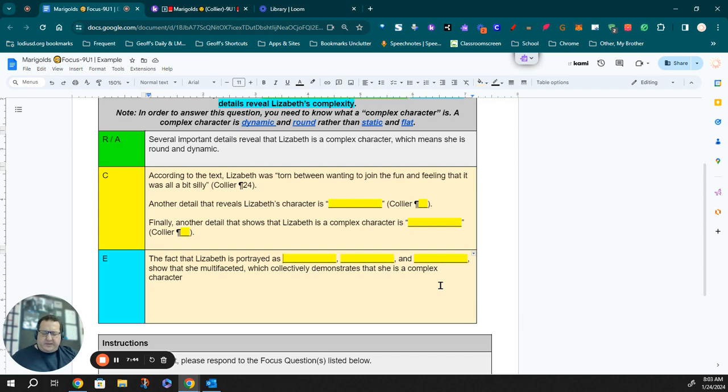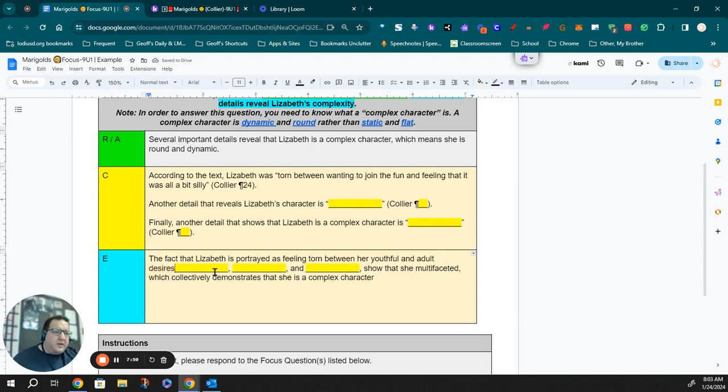Portrayed as her youthful and adult desires, because on one hand she wants to just have fun, and on the other it's kind of silly, or maybe not desires, it's values, priorities, I'm not sure. Oh, I'm just going to put desires, that's fine, I think. Get rid of that.